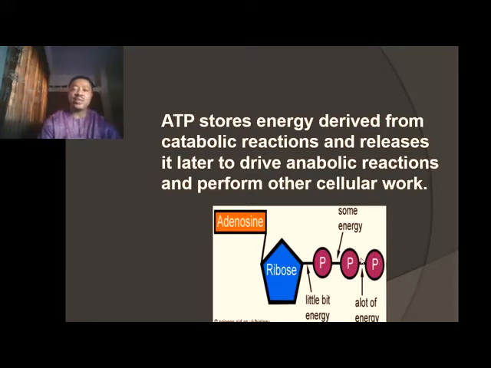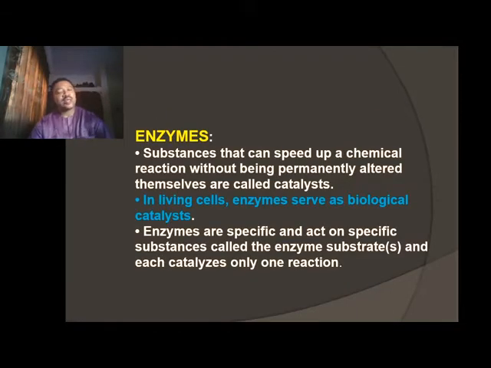So ATP, as we said, is acting as the intermediate molecule that picks up the energy released during catabolic reactions and used to drive anabolic reactions. Now, whenever chemical reactions occur, whether anabolic or catabolic in nature, enzymes facilitate these processes.